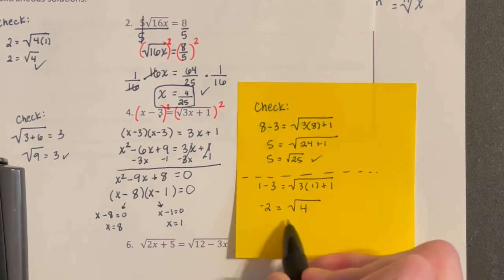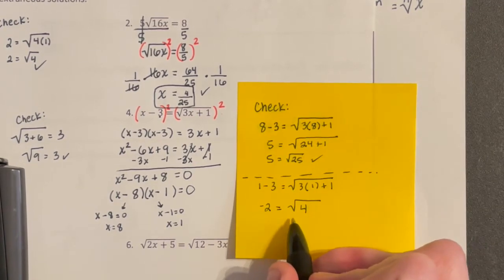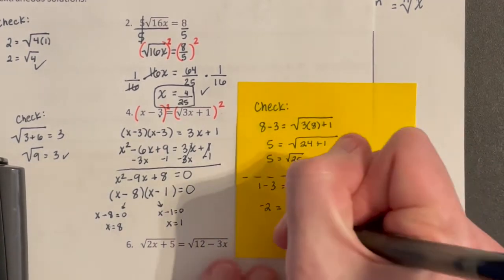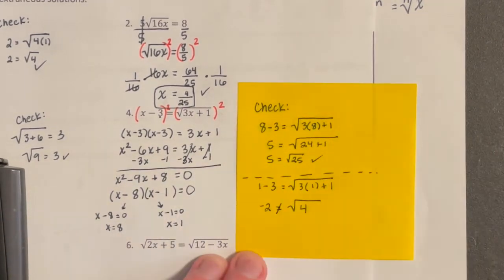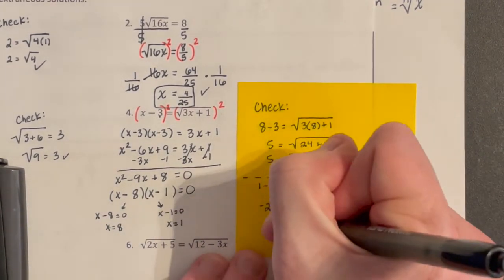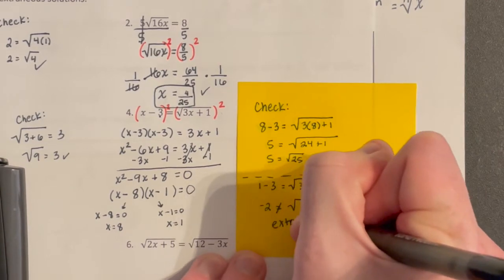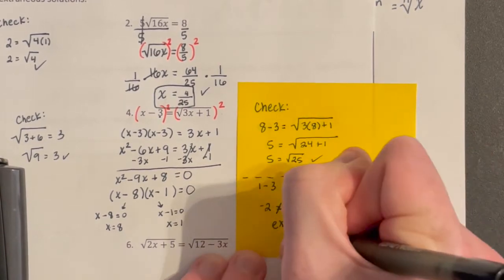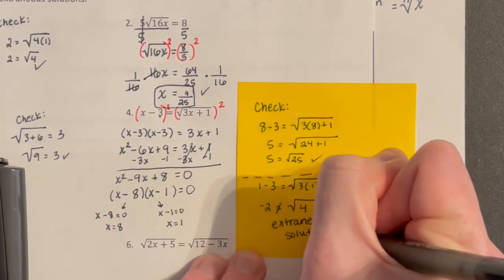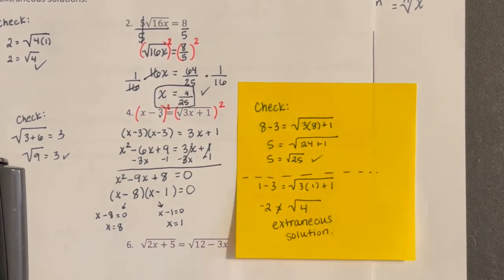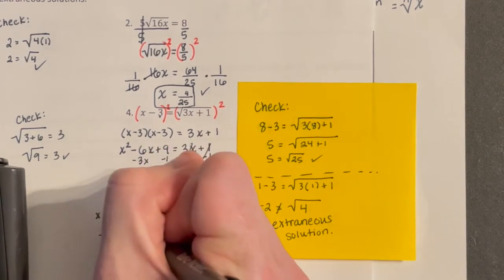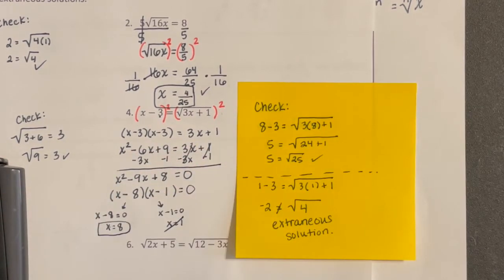The square root of 4 is positive 2 because we're taking the positive square root. So this is not equal to each other. So we have an extraneous solution. So I'm just going to mark out that x equals 1 and x equals 8 is my only solution.